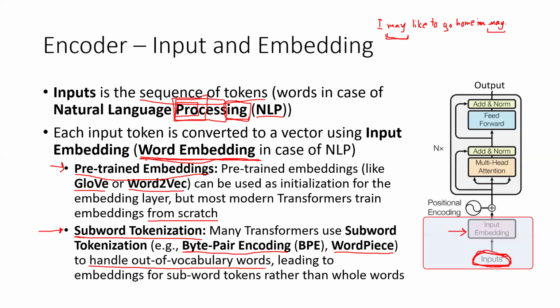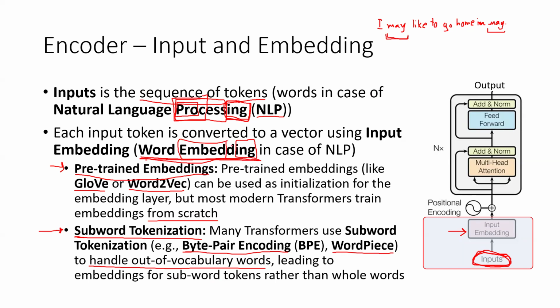In that case, using byte pair encoding and word piece embedding, you can construct the unknown word by taking smaller pieces. If you don't know, for example, what embedding is, you know ing, right? Embed we know, right?